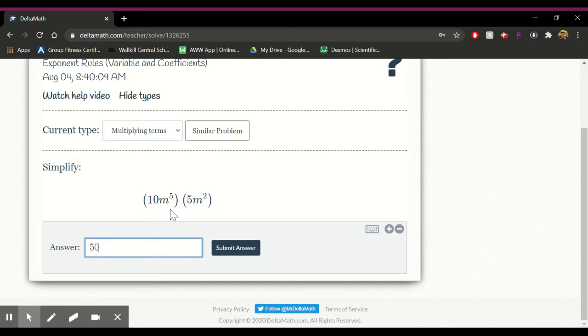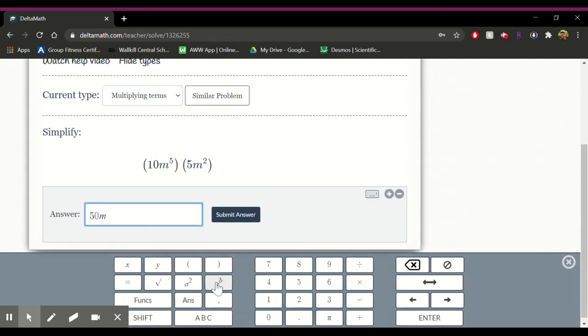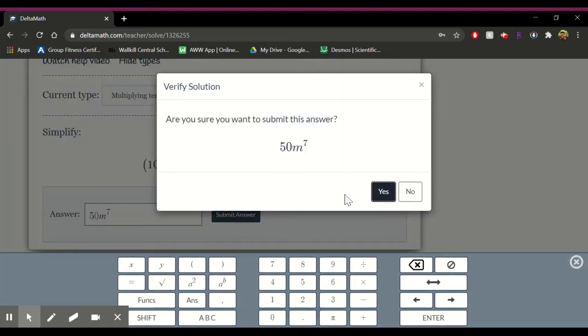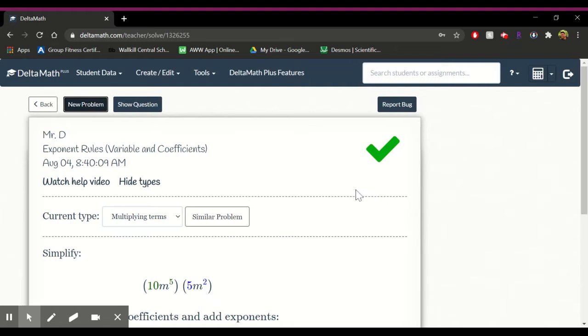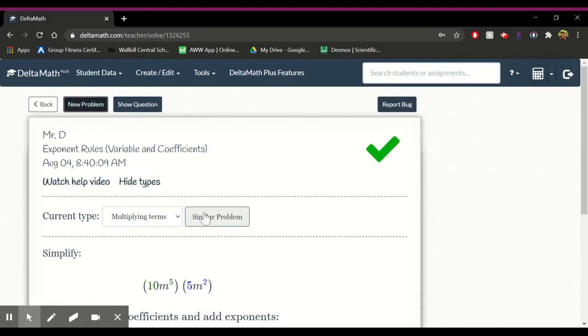You keep the base, m, and you add the exponents. 5 and 2 is 7. So I have to use my little exponent button here and type in 7. Submit. Bam. All right. So you multiply the numbers in front, keep the base, add the exponents.